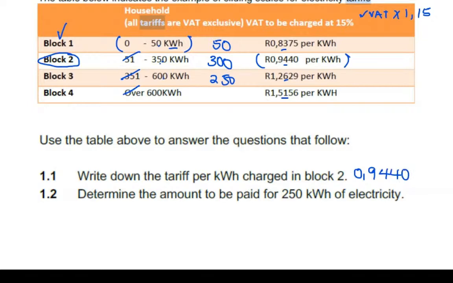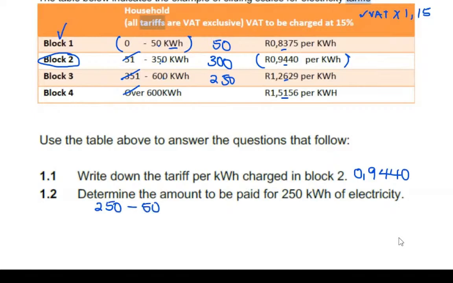Then determine the amount to be paid for 250 kilowatts per hour of electricity. That is 250 units of electricity. We are going to use the table above as we calculate. Number 1, take the units used minus 50. Why do we subtract the 50?